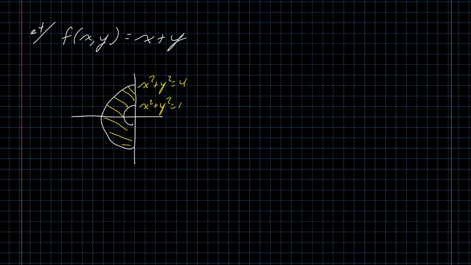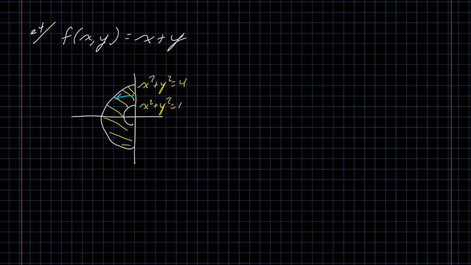All right, so here we have a region. Our function is given as f of x and y. Our region is here in the second and third quadrant, and it's part of an annulus. It's a circle with a circle cut out of the middle of it.